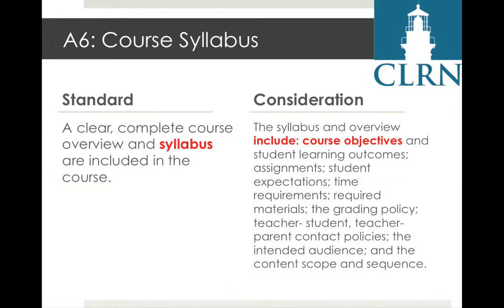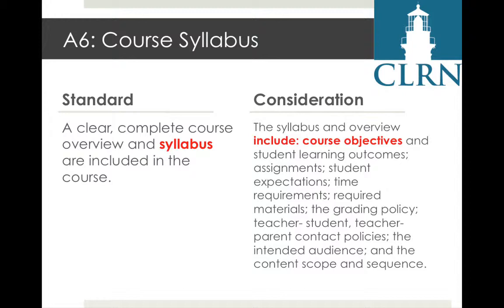The review consideration expects that the syllabus contains at least the course objectives, as well as a variety of other information, including learning outcomes, assignments, time requirements, required materials, the grading policy, teacher, student, parent contact information, and the scope and sequence.